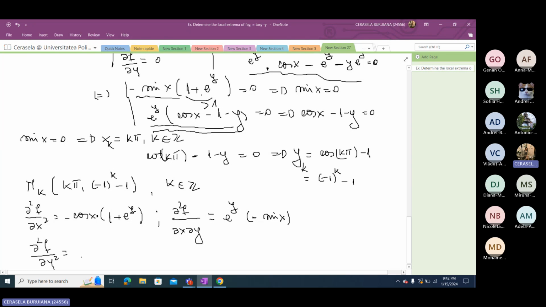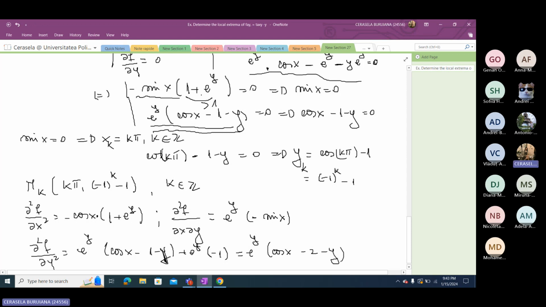So e power y derived is also e power y times cosinus of x minus 1 minus y, plus e power y times the derivative of the parenthesis. How much is the derivative of the parenthesis in function of y? It's actually -1. Exactly. So I put the common factor e power y, and I get immediately e power y times cosinus of x minus 1 is -2 minus y.